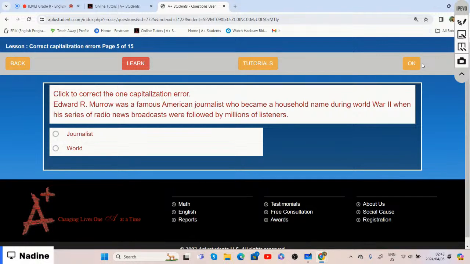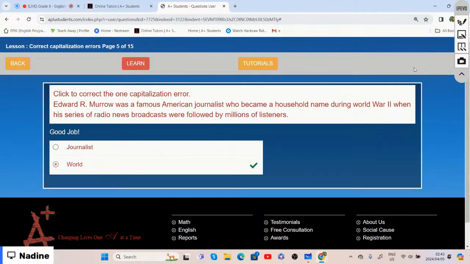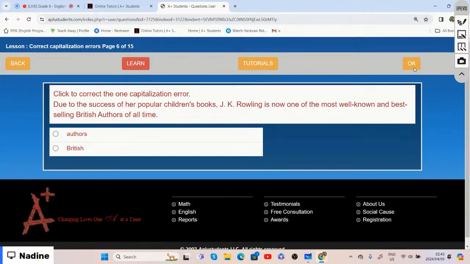All right, so we can say world for World War II, not journalist. Yeah.